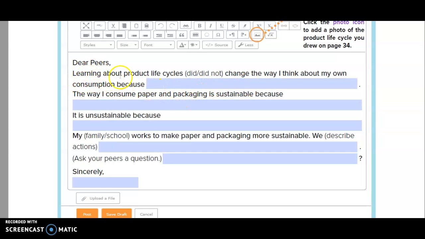For example, dear peers, learning about product life cycles did change the way I think about my own consumption, because I think we consume, for example, too much paper. The way I consume paper and packaging is sustainable because I reuse paper before disposing or wasting it.